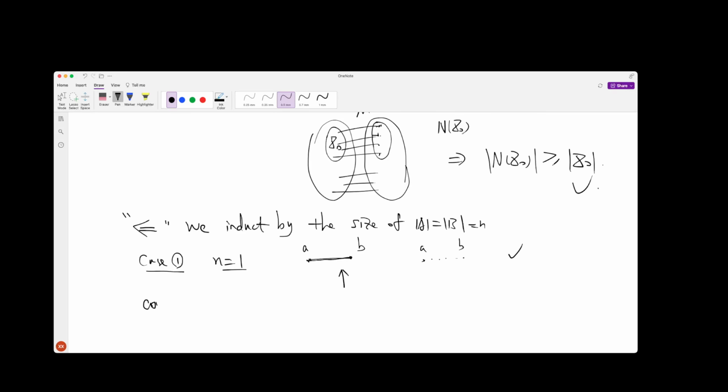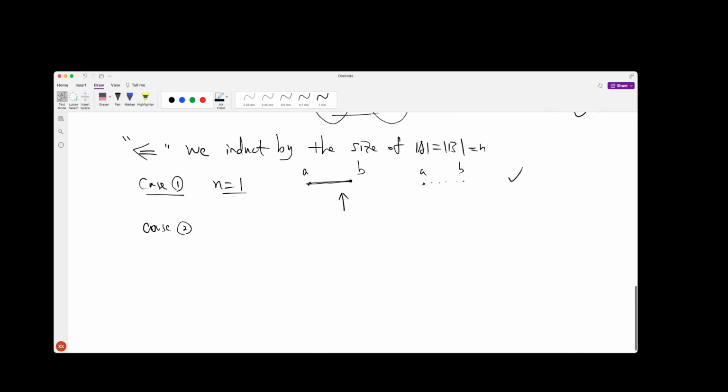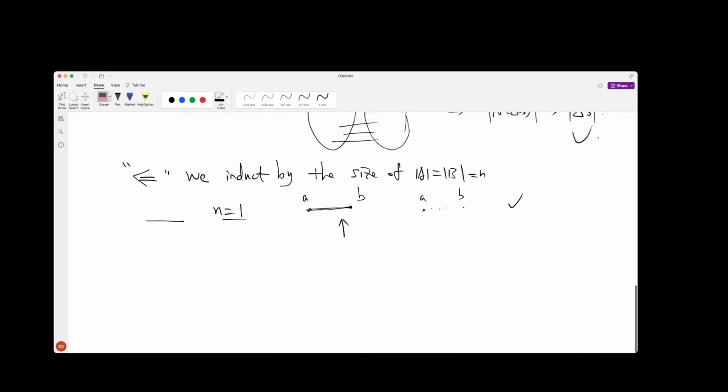And maybe we put case 2, and there are 2 subcases. In fact, no, maybe this is the base case. Let's say base case. Usually, okay. And now, suppose by induction that the conclusion is true.